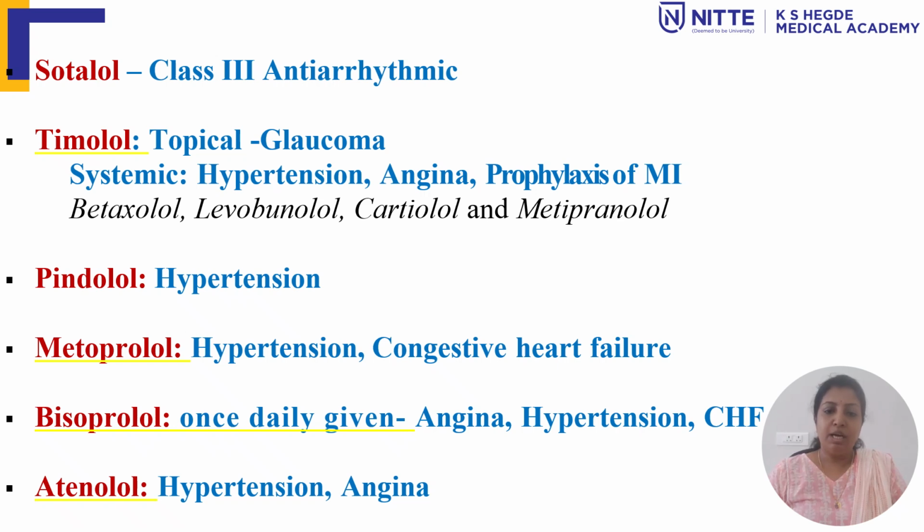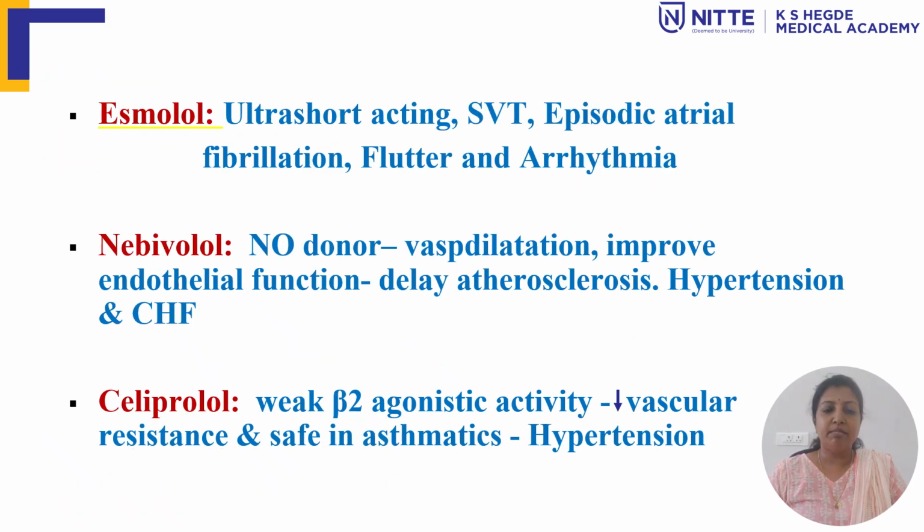Metoprolol can be used in hypertension and congestive cardiac failure. Bisoprolol is usually given as a once daily administration in angina, hypertension, and congestive heart failure. Atenolol is a cardioselective beta blocker mainly useful in hypertension and angina pectoris.